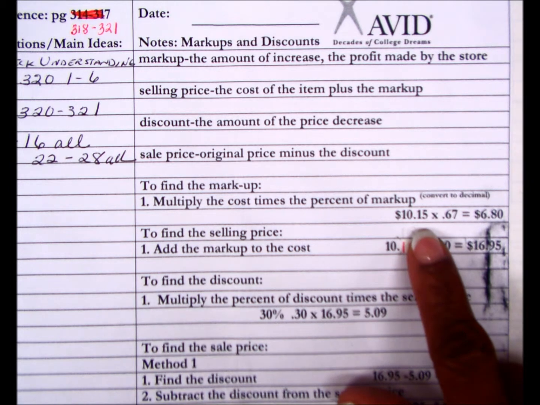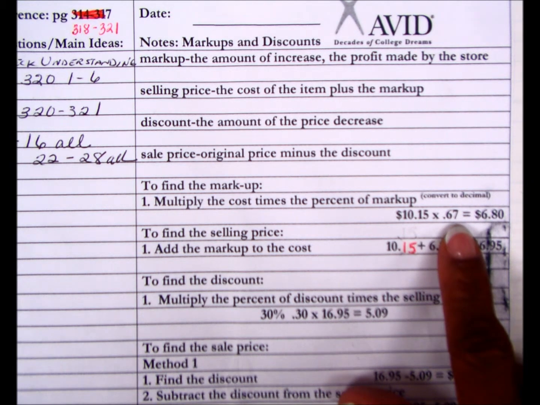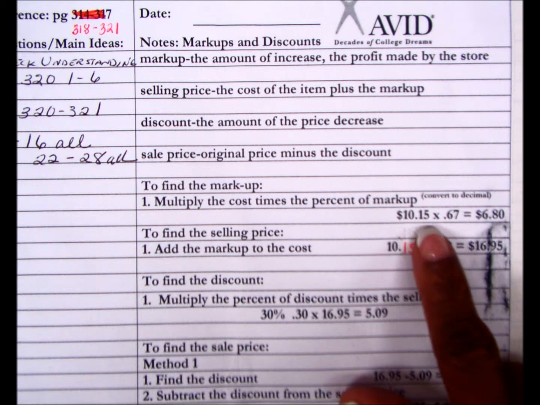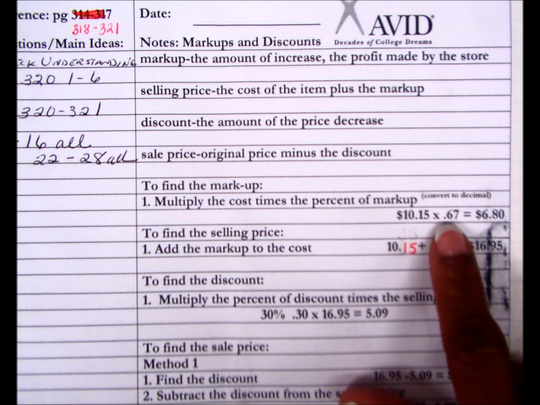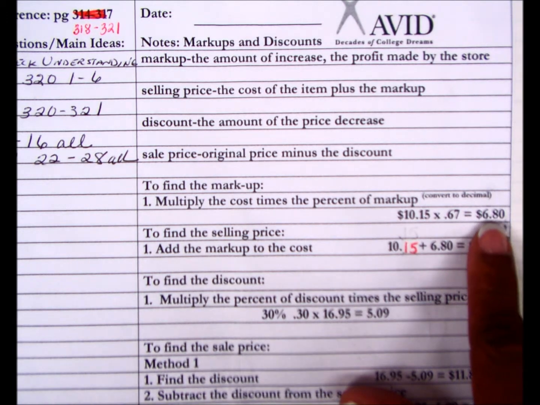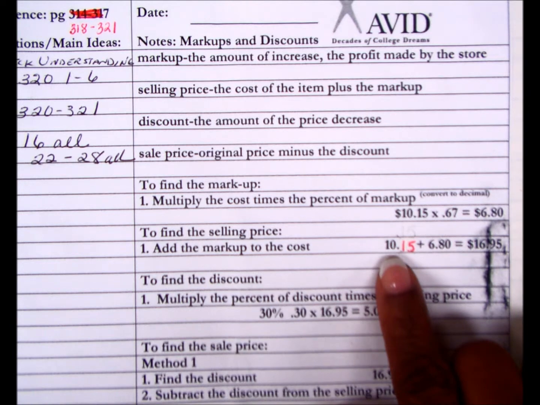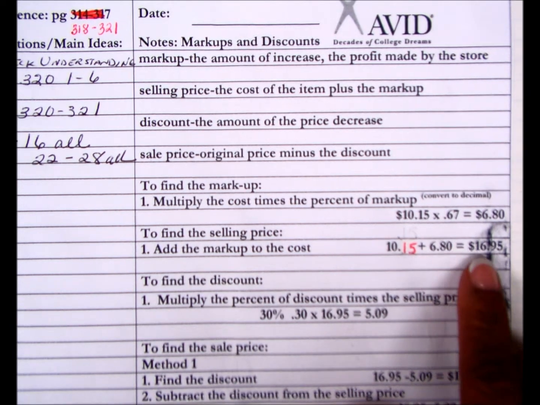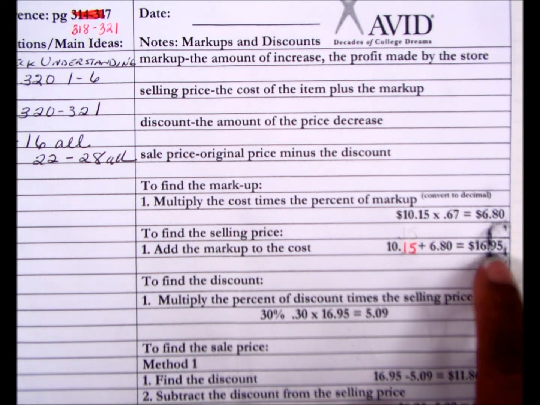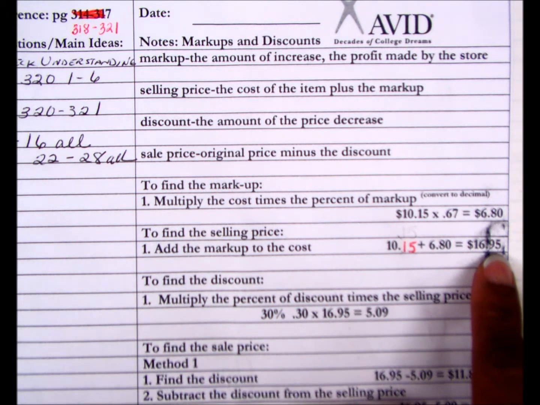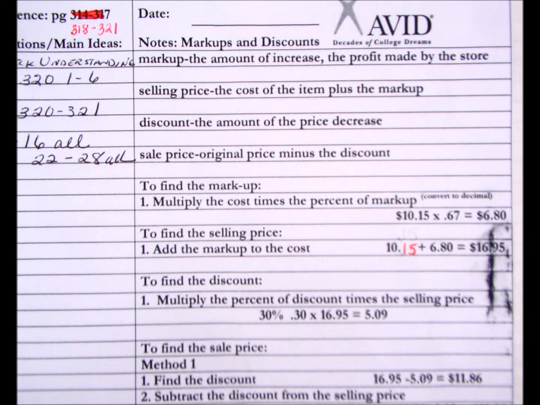They want to mark it up 67%. So we multiply $10.15 times 67 hundredths and get $6.80. If we add 10.15 and 6.80, we get the selling price: $16.95 is how much they're going to charge you for that same item that they purchased at $10.15. Their profit is $6.80.